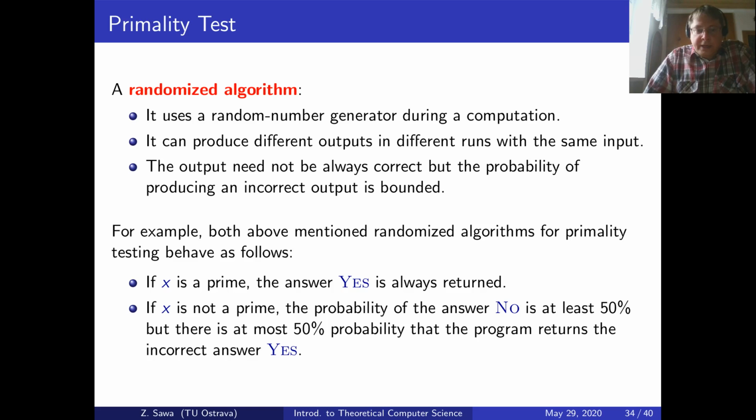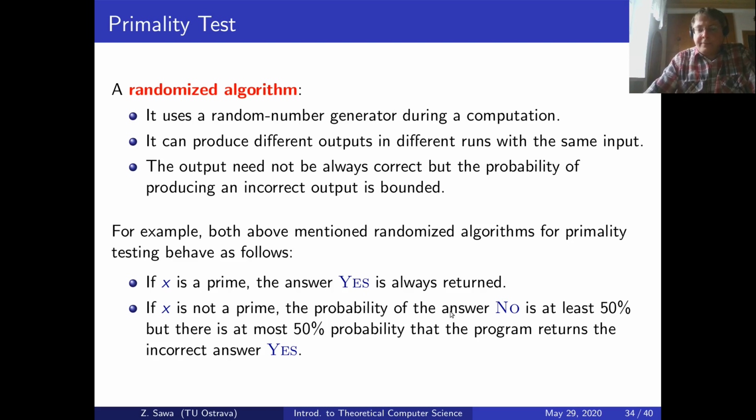On the other hand, if the number on input is not a prime, then there is some probability of a wrong answer, but the probability of this wrong answer is at most 1/2, at most 50% probability that the incorrect answer yes will be written.